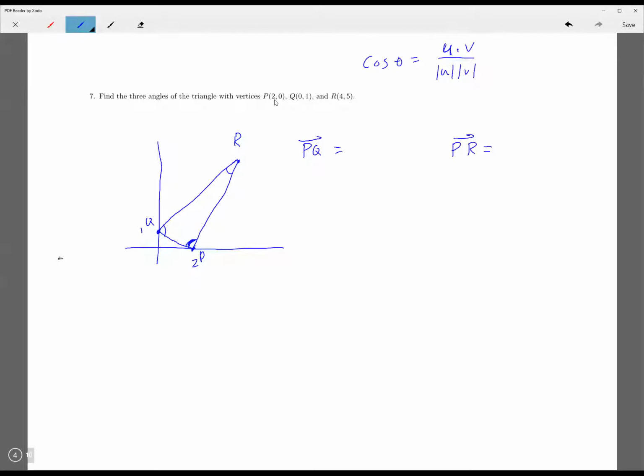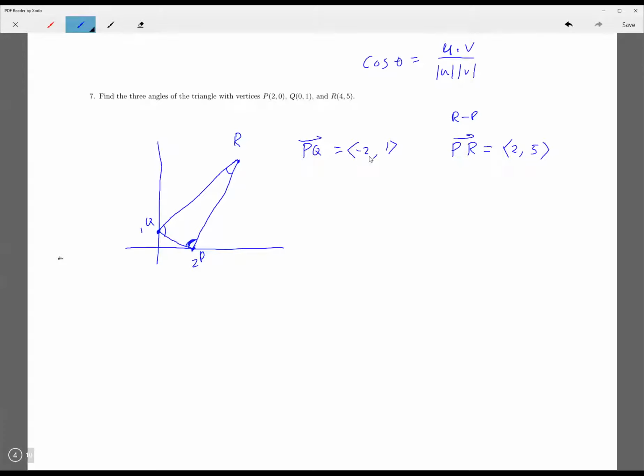From P to Q, it's going to be this point minus that point, so that's -2, 1. And from P to R, it's the R point minus the P point. So 4 minus 2 is 2, and 5 minus 0 is 5. That's the PR vector.